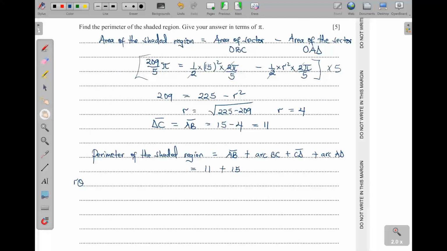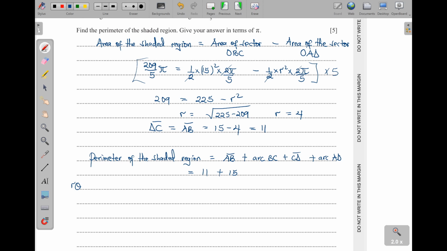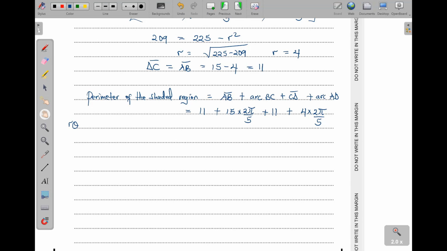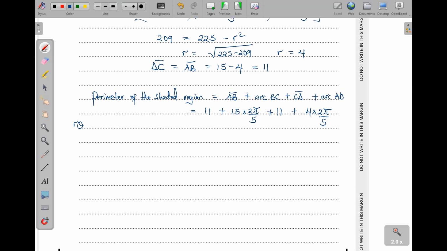So 15 times theta, which is 2 pi, so times 2 pi over 5. Then plus CD is also 11. And then arc AD is going to be r times the theta, which is 2 pi over 5. Then 11 plus 11, automatically that will give us 22.